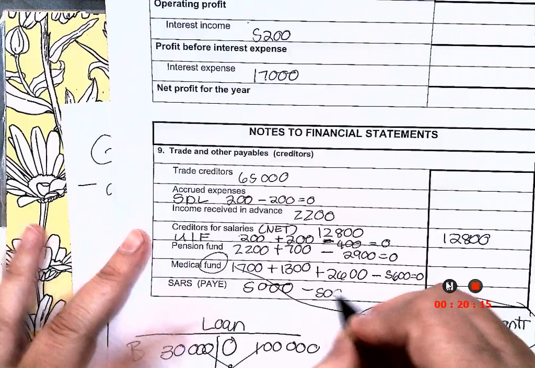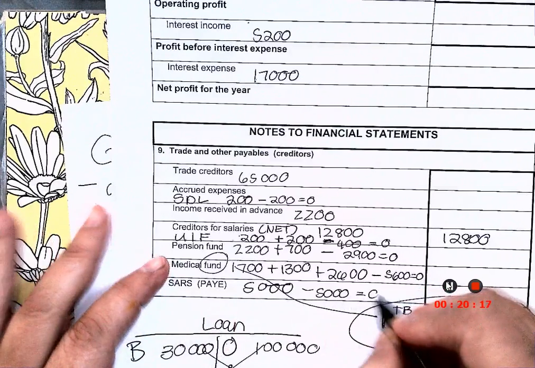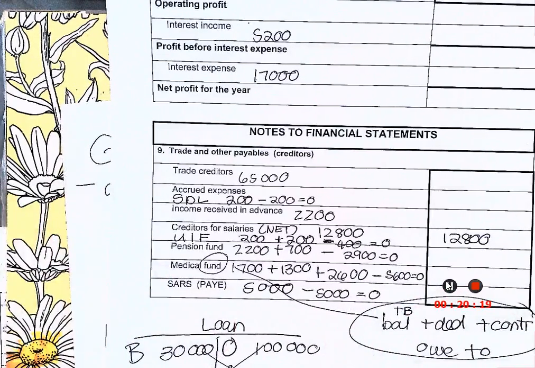I did pay SARS. So now, if I set up a new trial balance, can you see in the balance sheet section, there won't be anything. Is everybody with me?